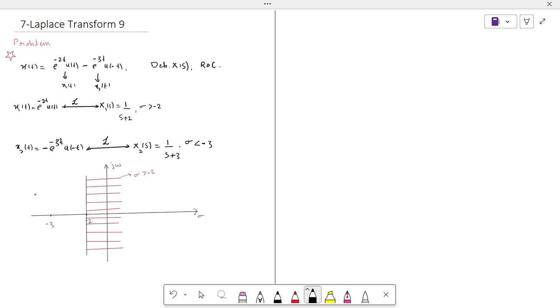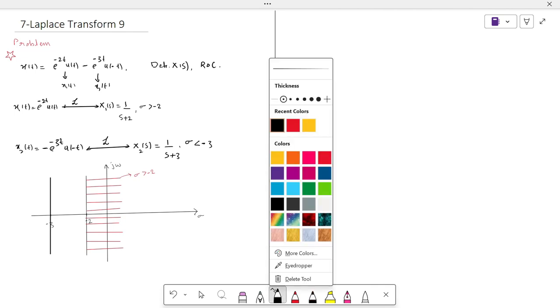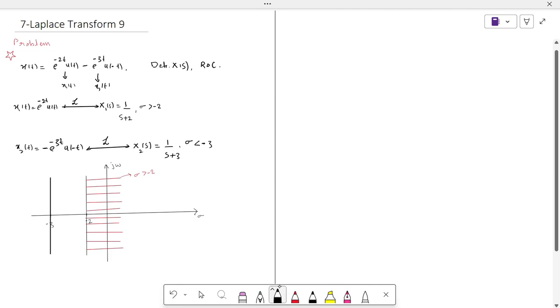Next, sigma less than minus 3. Let's draw the line. So sigma less than minus 3 is the left side. This is the region of convergence for the second one.